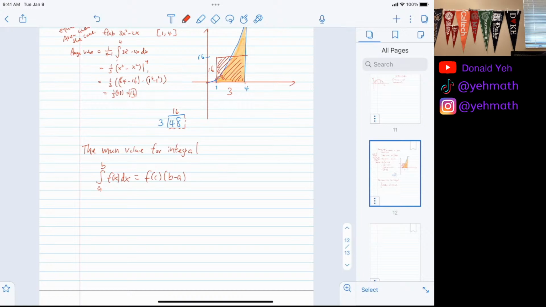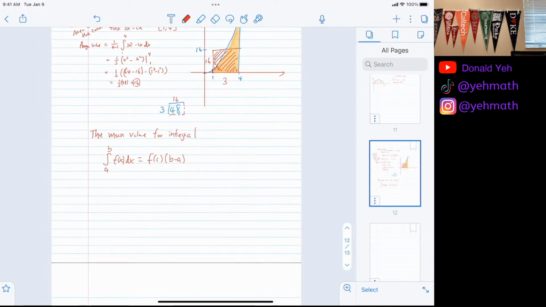What does this mean? This c right here is the x value at which the output will be the average value.